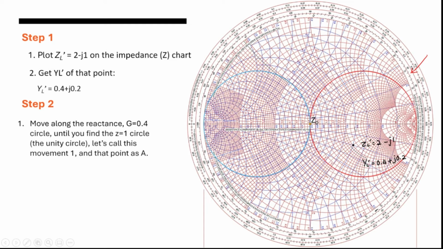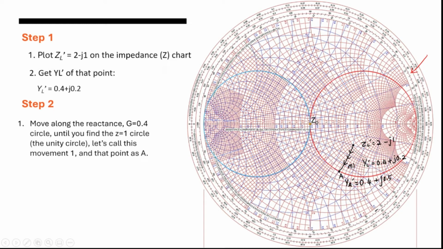We're going to move along this G equals 0.4 line until we find a point where it meets this red circle here, this Z equals 1 circle.